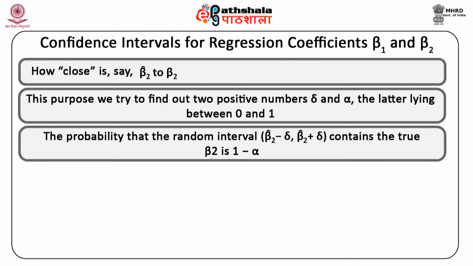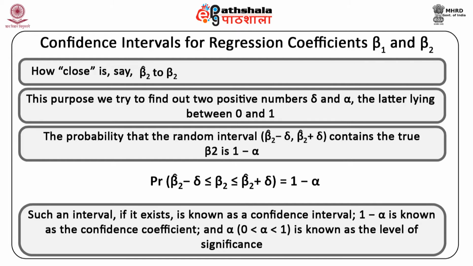Symbolically, this can be written as the probability that beta 2 is greater than or equal to beta 2 hat minus delta and is less than or equal to beta 2 hat plus delta is equal to 1 minus alpha.